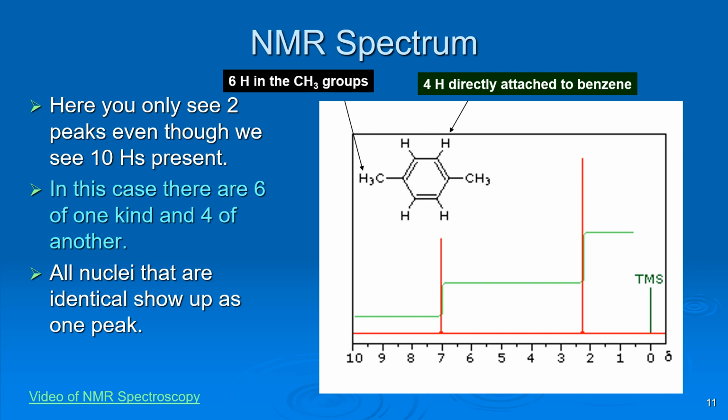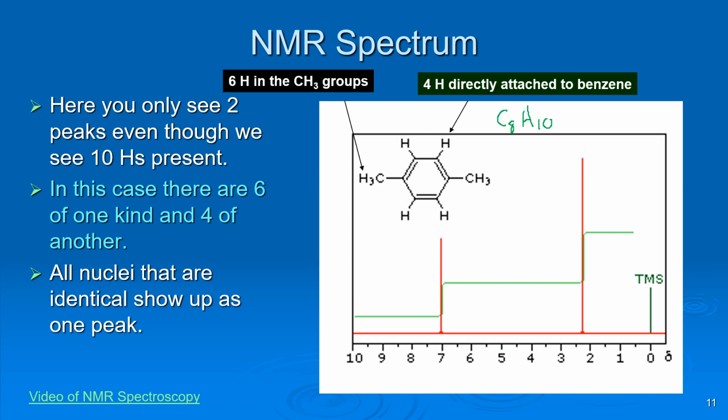So this is C7H8, so there's 8 hydrogen represented by these 2 peaks. But what's important to note is that there are only 2 kinds of hydrogen. So what you want to do is look at their neighborhood, or compare them to other hydrogen, and sometimes they act the same.